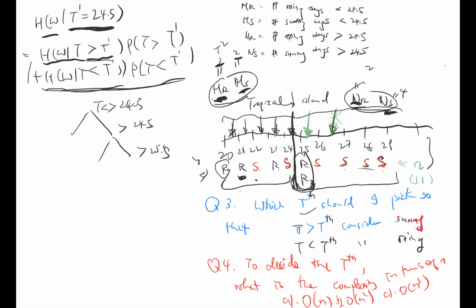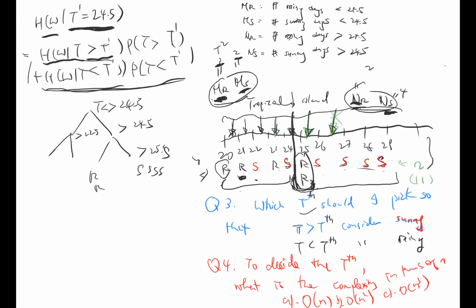Then I will split the data completely. If I put one here, then bigger than 24.5 is all sunny, and this is all rainy. On the other side, maybe I first split on whether it's bigger than 22.5.